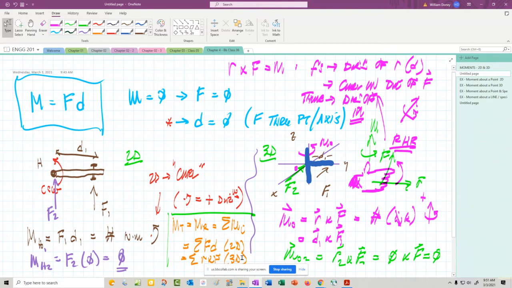So if we have more than one force, we find the moment of each of those forces, and then we add them together. Algebraically if we're in 2D, and if we're in 3D, we add those with I, J, and K.